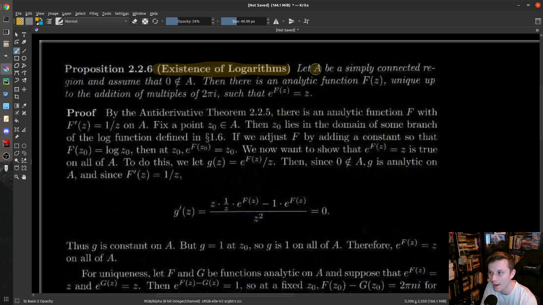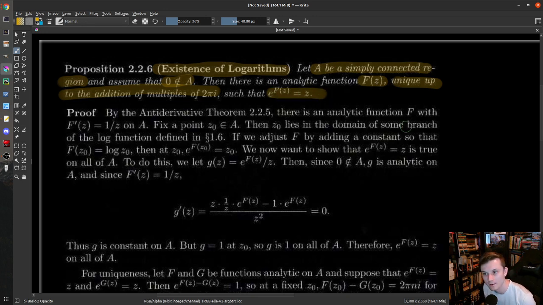So if we have a simply connected region, the context that we're always going to talk about in this section at least, and we have 0 not in that simply connected region, then there is an analytic function, big F of z, which is unique up to an additive multiple of 2 pi i, such that e to the F of z is equal to z.